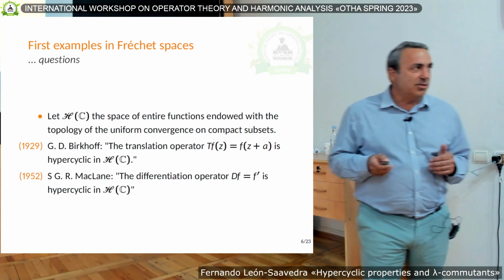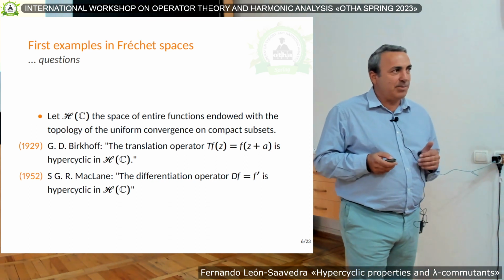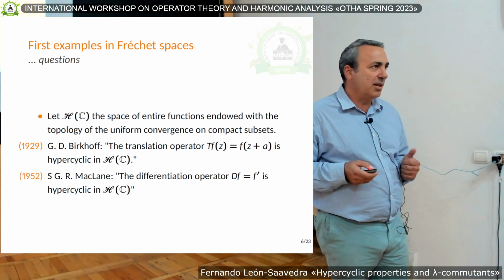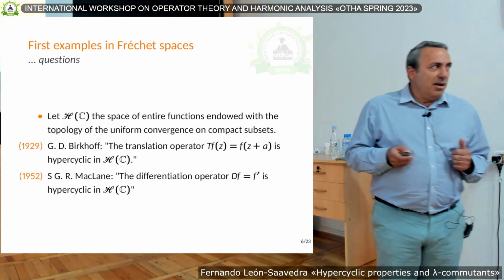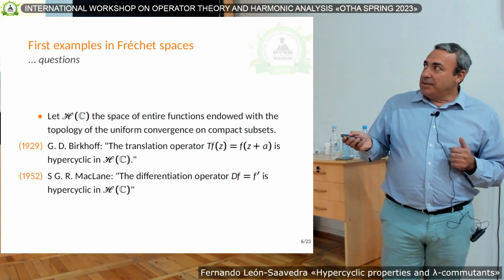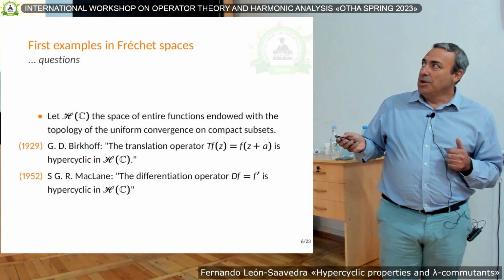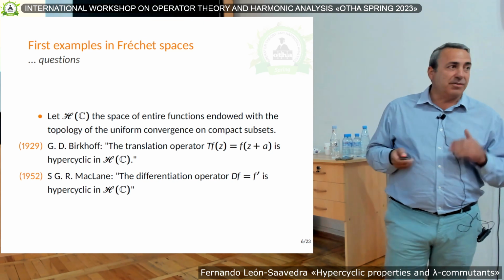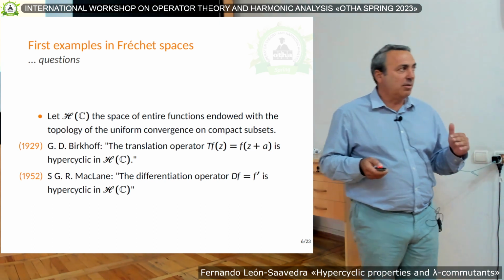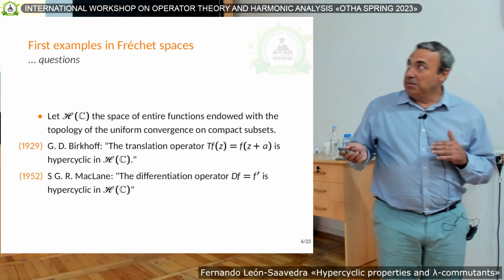So let us see some examples of hypercyclic vectors and hypercyclic operators. Probably this seems to be the first example of hypercyclic operators. We denote by H of C the space of entire functions with the compact-open topology.